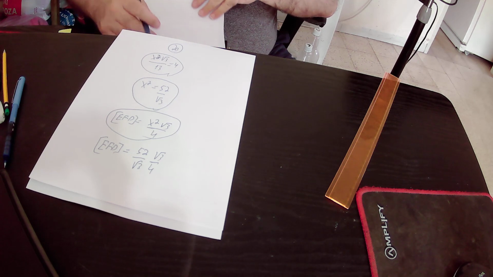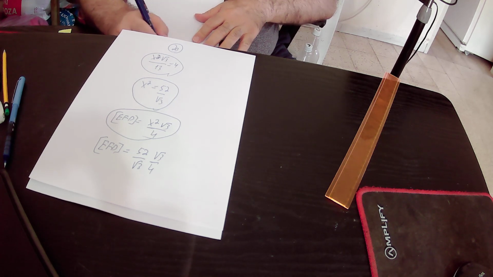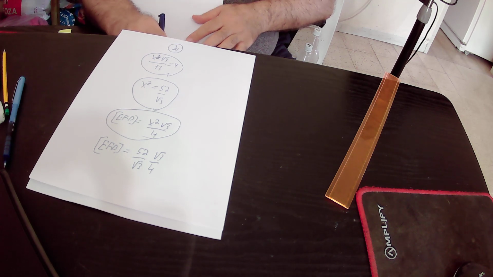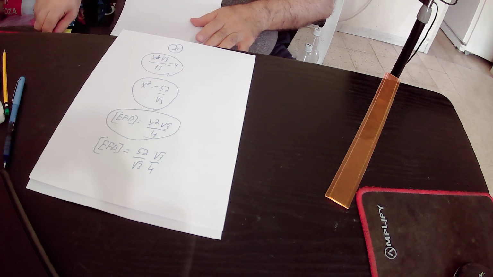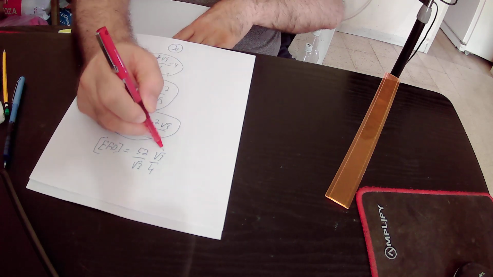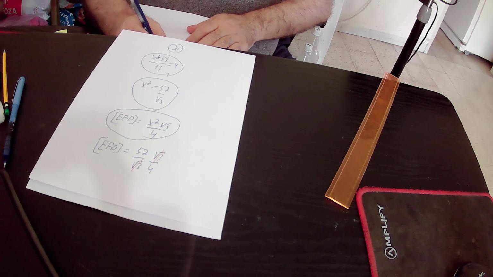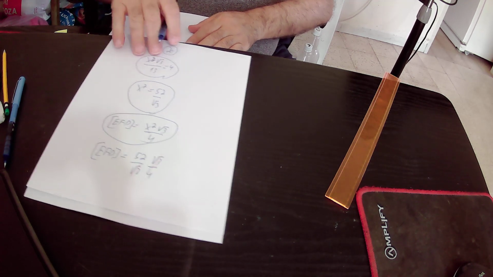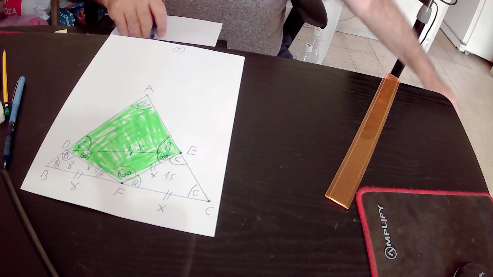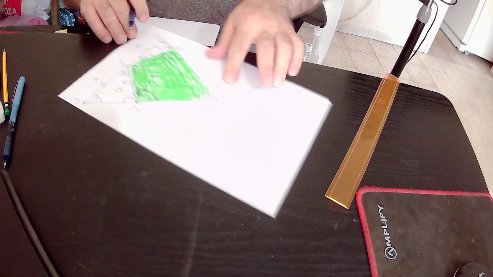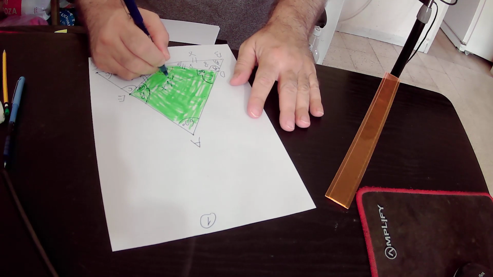Here we have root 3 over root 3 is 1, and 52 over 4 is 13. So we found out that the area of triangle EFD equals 13 square units.